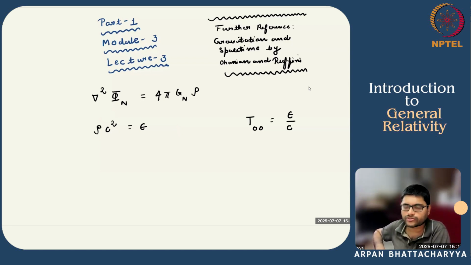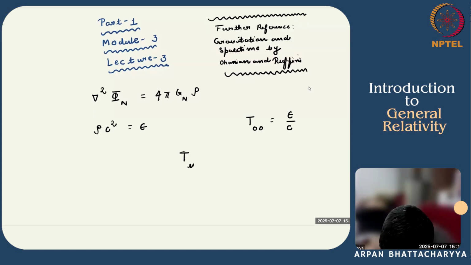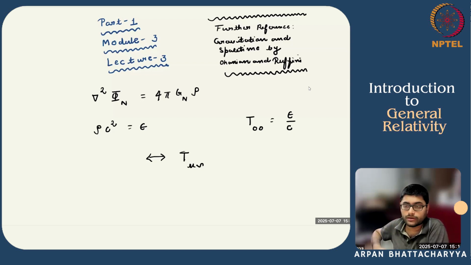And unlike electrodynamics, where the source is J mu, which has a single Lorentz index, now we will have the source as the stress energy momentum tensor, which has 2 Lorentz indices. So the right hand side should be proportional to T mu nu, and this T mu nu will now generate the corresponding field, which we denote by capital phi mu nu.